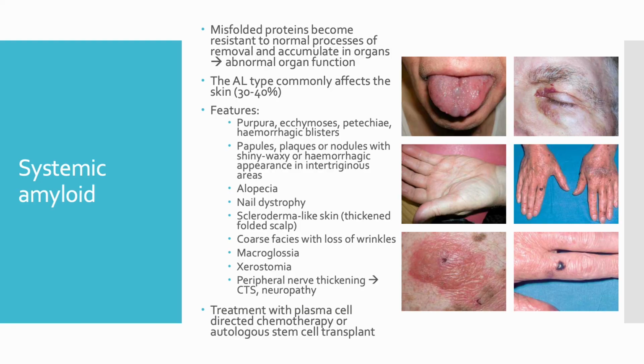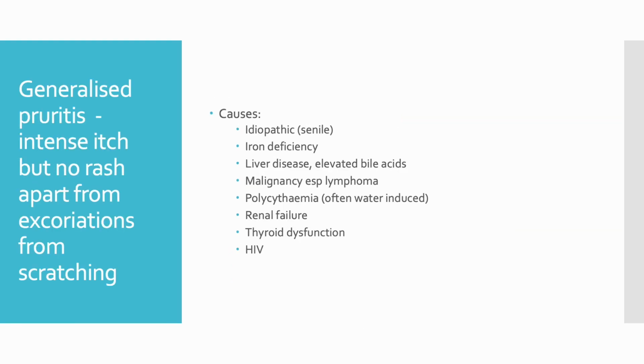The condition therefore has to be treated either with plasma cell directed chemotherapy to stop the production of the AL protein which goes to produce the amyloid, or autologous stem cell transplant.